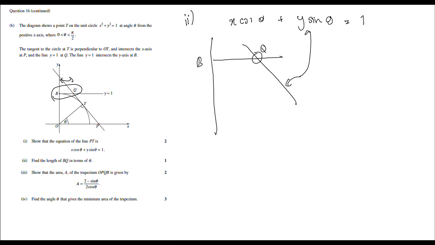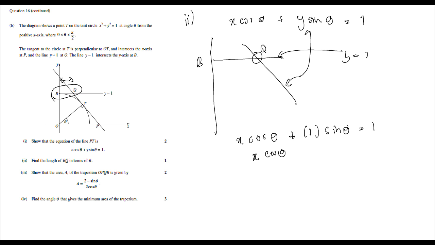That means at that intersecting point y is equal to 1, which means we can sub it in our equation, which gives me x cos theta plus 1 sine theta equals 1. That gives me x cos theta plus sine theta equals 1.